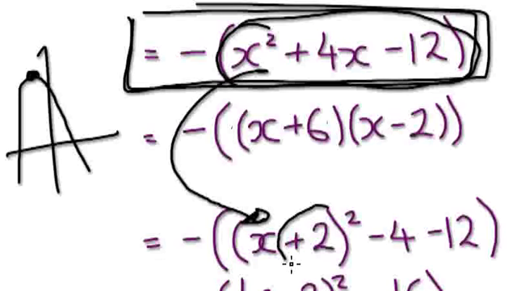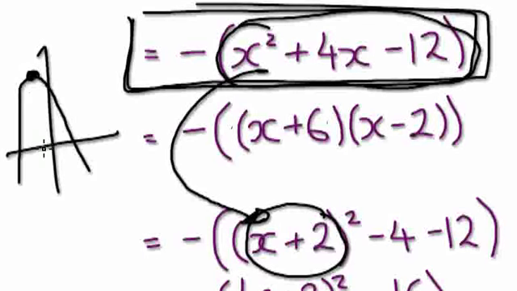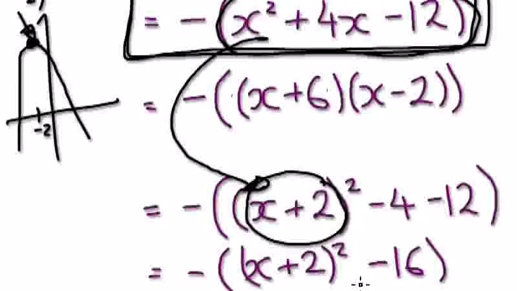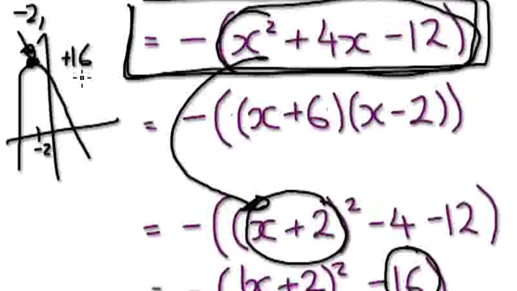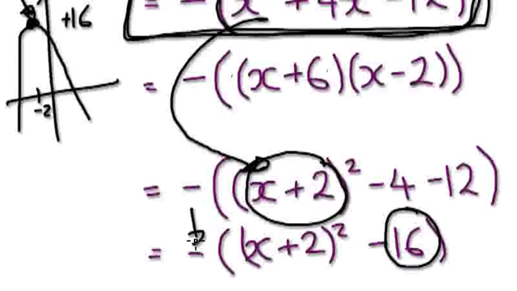This tells you that the highest point is when x is -2. So this point here is -2, comma 16. Okay, +16, and there's a reason why it's +16, because of this minus here.